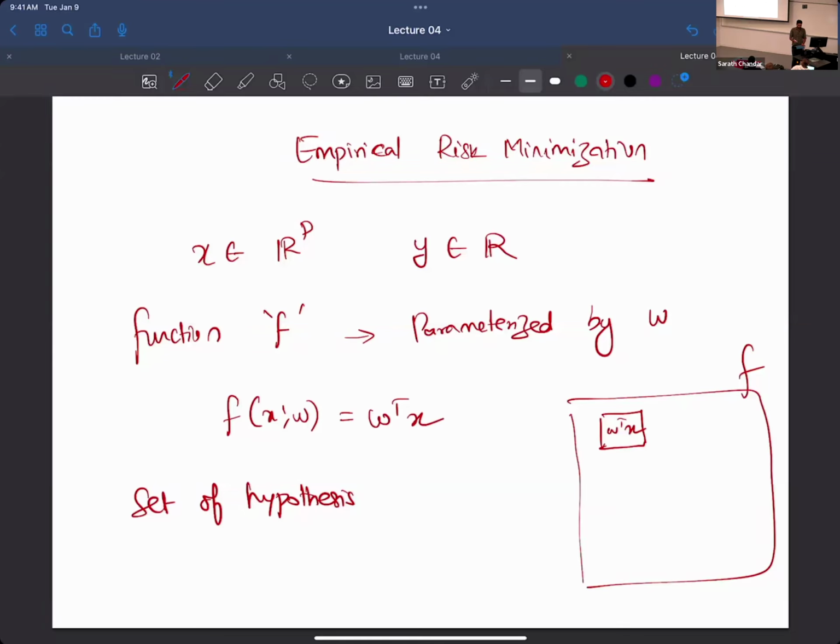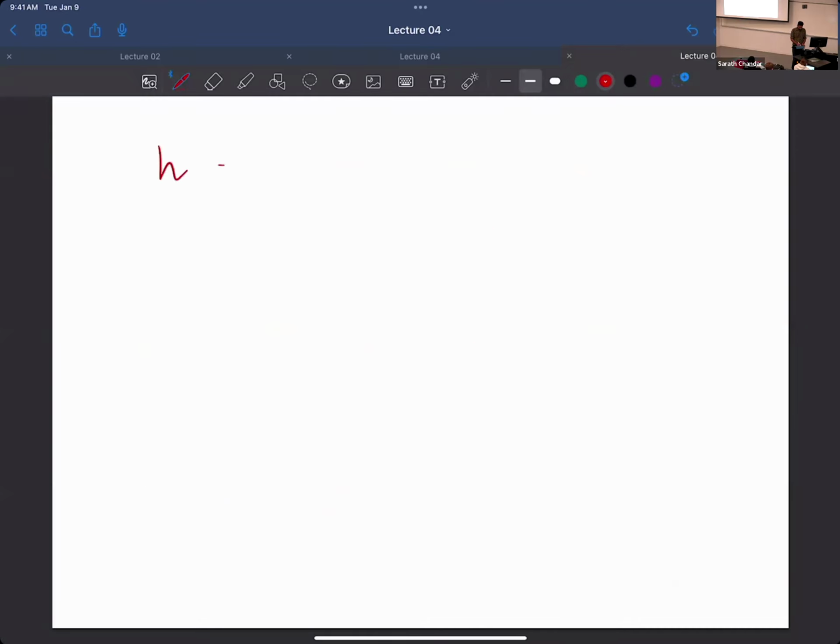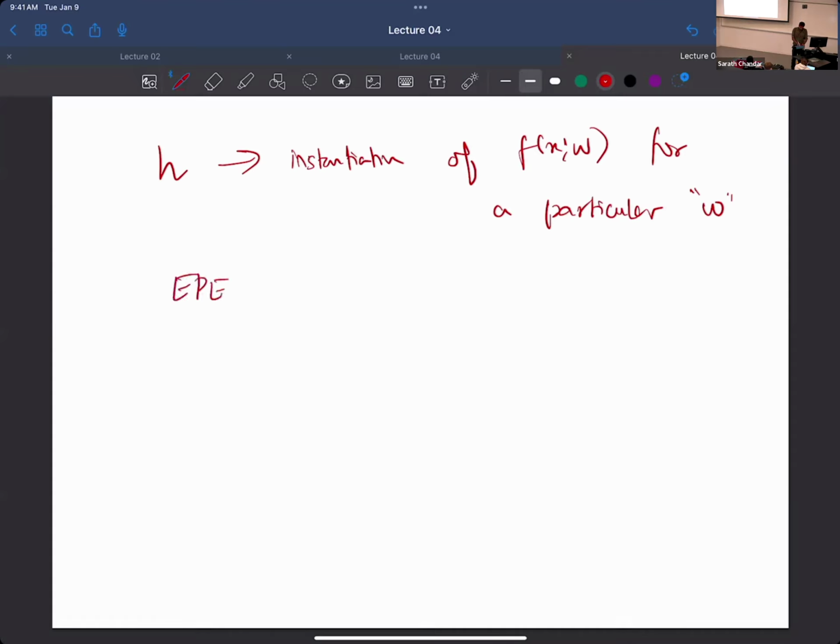Is that clear? Now, a single hypothesis, h, okay, h is basically a single hypothesis, which is an instantiation of f of x given w for a particular w. You pick a w, you will get an h. Okay? So now I can talk about what is the expected prediction error if I pick an h.